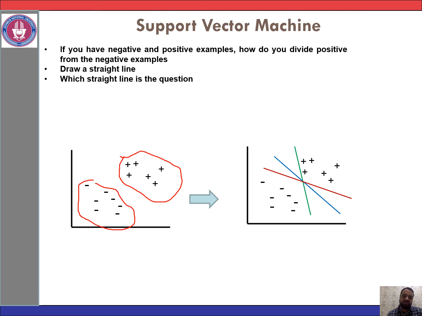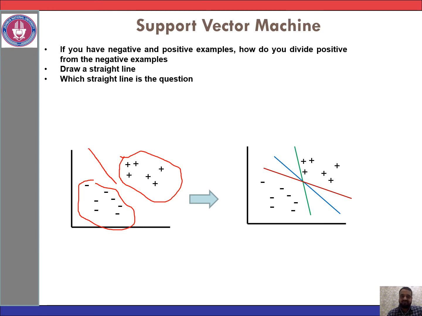So how can we classify this data set? We need to draw a decision boundary, a line, and then on one side of the line there is one class, and on the other side there is the second class. But the question is, how can we draw a line?